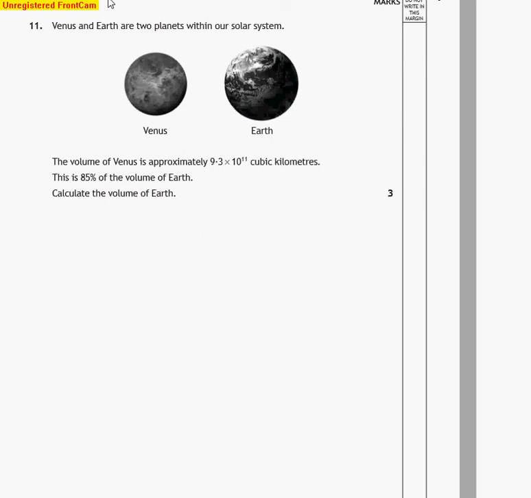So, two planets. The volume of Venus. Okay, so Venus, that's 9.3 times 10 to the 11 cubic kilometers. So that's kilometers cubed. So we know that. This is 85% of Earth. Calculate the volume of Earth. So 85% of Earth.